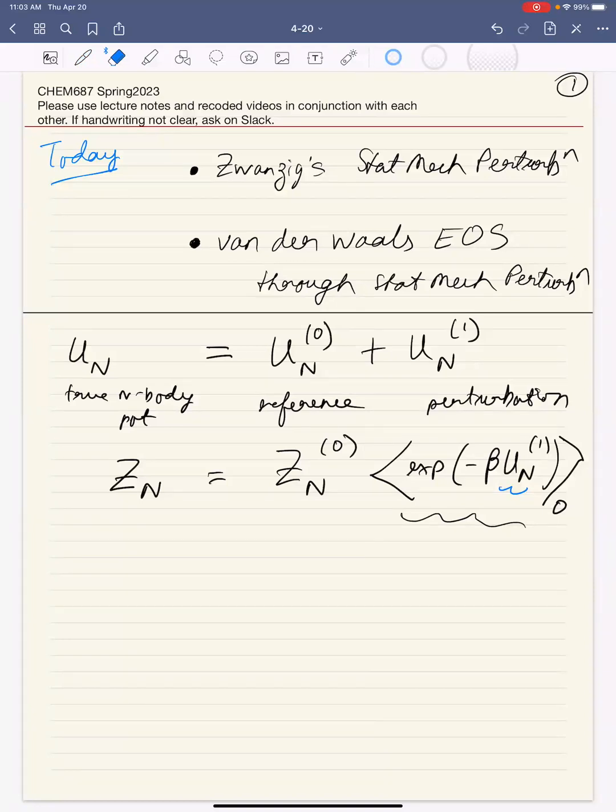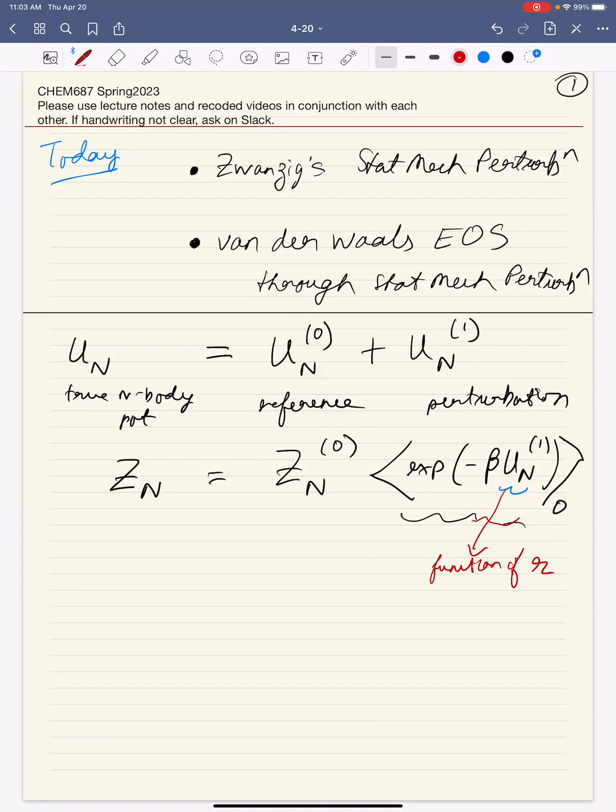They are potentials, but what they really are is just some function of x, or r actually, that's what we're talking about. So this is just some function of r.